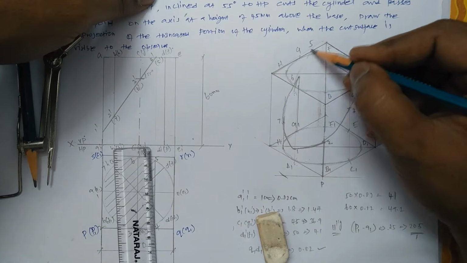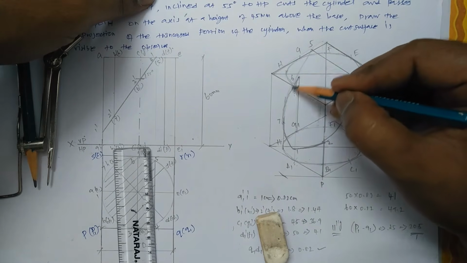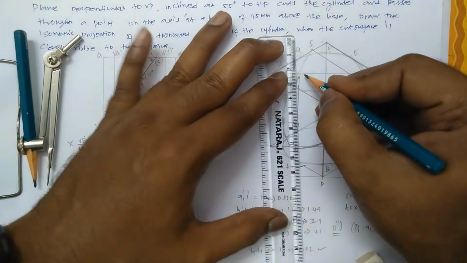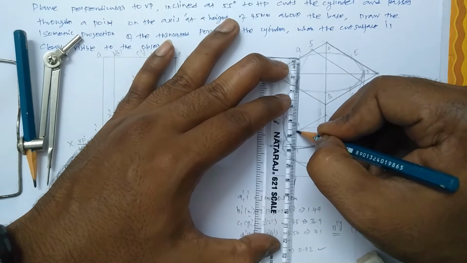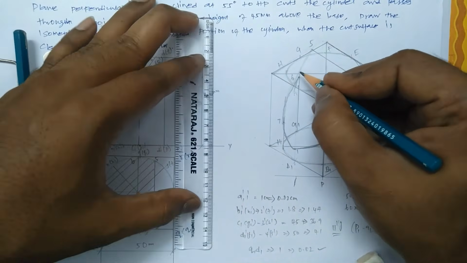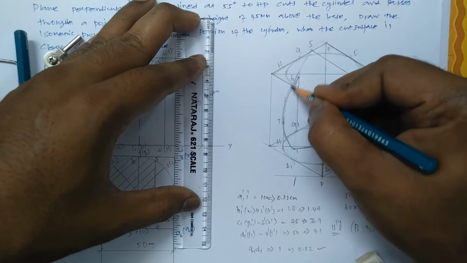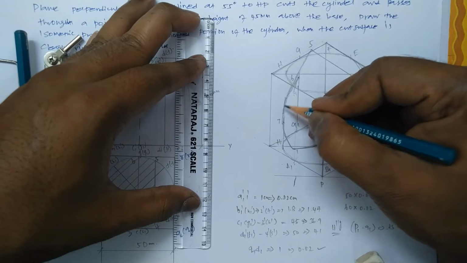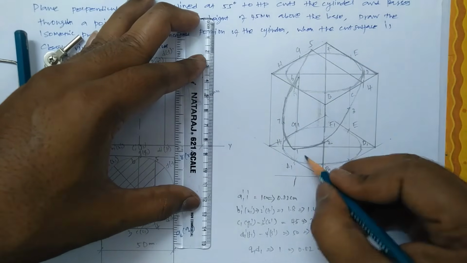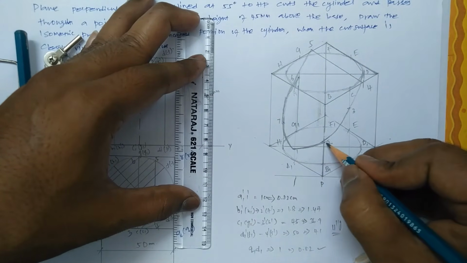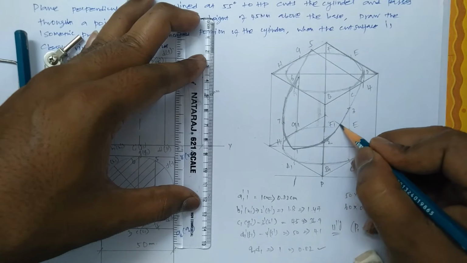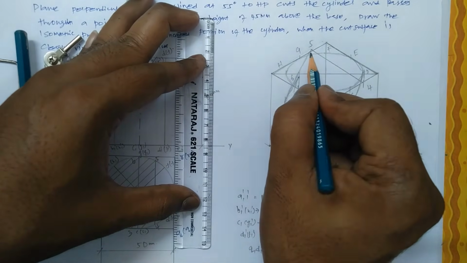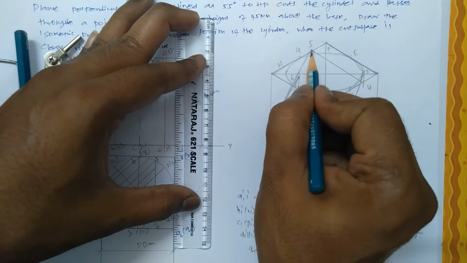You will get one parabolic shape. So now you hatch everything. If you are not transferring correctly, you cannot get a smooth curve. Being in urgency, I have made it.